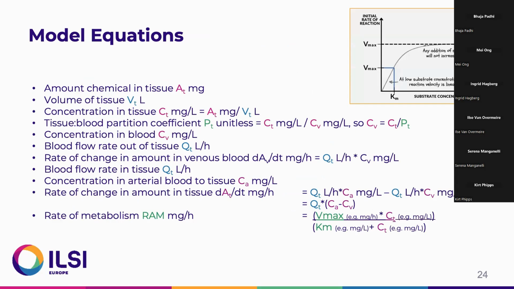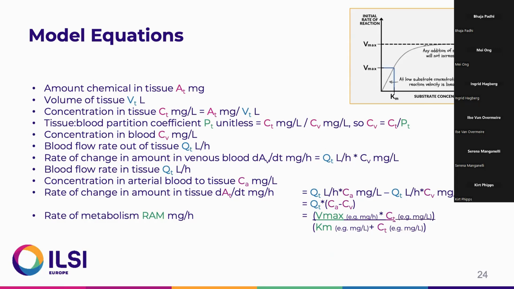But basically, the concentration of a tissue is a function of the amount in the tissue divided by the volume. You include this partition coefficient, the tissue blood partition coefficient, when we translate a concentration in blood into a concentration in a particular tissue. And we use Michaelis-Menten kinetics, ideally, to estimate how much of a compound gets metabolized over time.